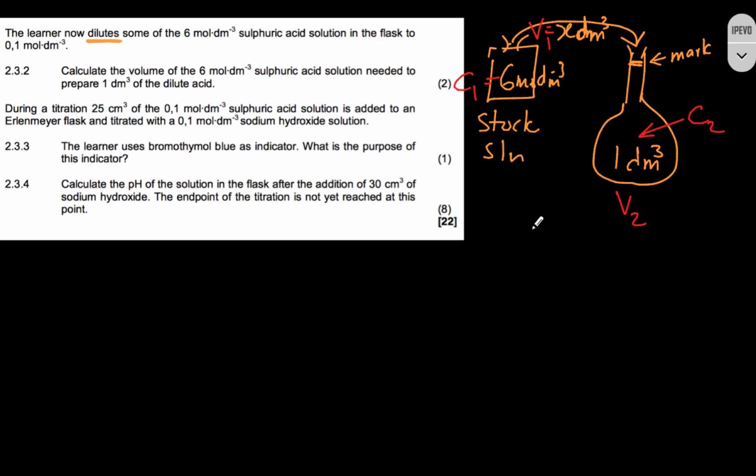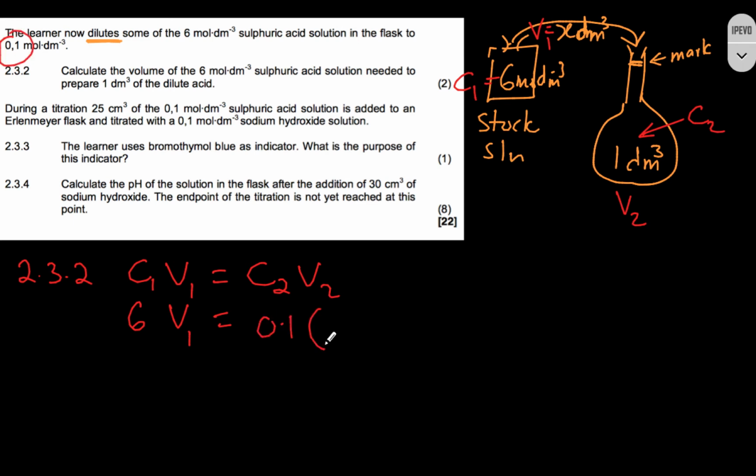And this brings us to our dilution equation. Our dilution equation is C1V1 is equal to C2V2, where these are the initial concentration, final concentration, initial volume, and final volume. In this case, our initial concentration was 6. Our initial volume is the one that we want to find, our final concentration is 0.1 from our question, and our final volume is 1 dm cube.